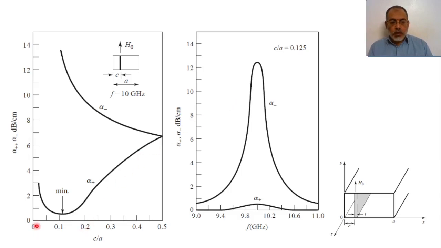So we can find for different values of C over A from 0 to half, and we are solving the attenuation coefficient alpha plus and alpha minus. And it should be noted here that the attenuation coefficient for the propagation constant is in dB per meter, or in dB per centimeter in this configuration here.